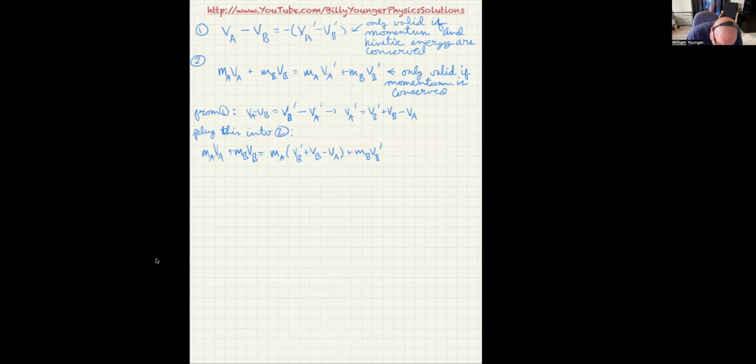So continuing that process, I get MA VA plus MB VB equals MA VB prime, which I'm going to keep on this side, plus MA VB, which I'm going to move to the other side, minus MA VA, which I'm also going to move to the other side, and then plus MB VB prime.